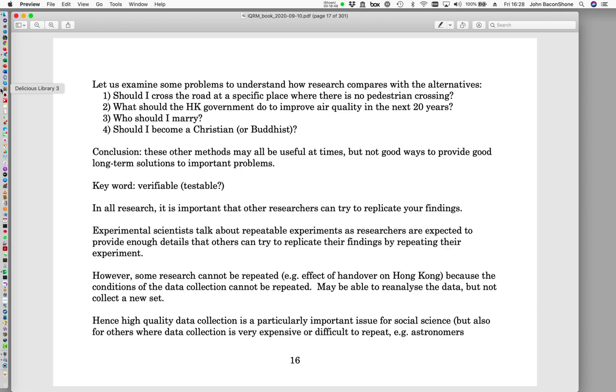So if you're an experimental scientist, you usually would talk about this as being a repeatable experiment. That means researchers should provide enough details when they report their research that other people should be able to replicate their findings by repeating their experiment.